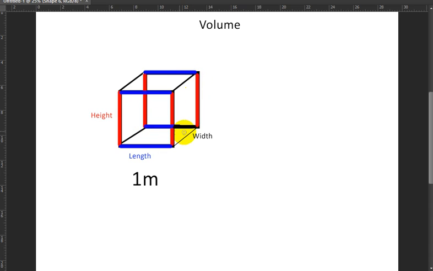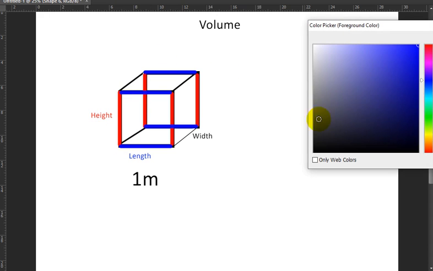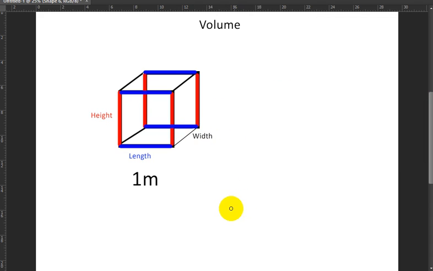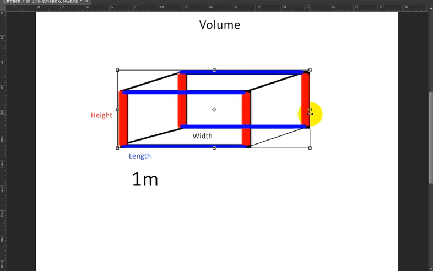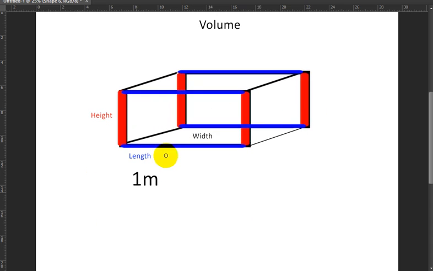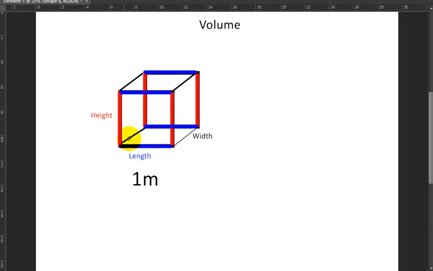So if I tell you that the length of a three-dimensional shape is 5, then that means that all the blue sides are the same. You might be thinking, well, didn't we say that they were all the same? Didn't we say that all the edges were the same? And yeah, you're right. But what if we had a shape like this? Then they are definitely not the same. So here you can see that the blue ones are much longer than the others, right? So that's where this comes in handy.